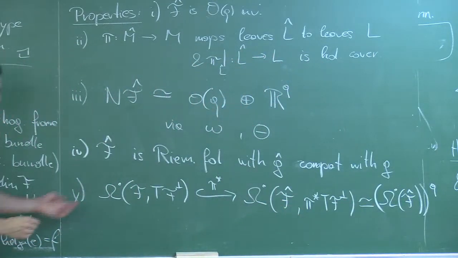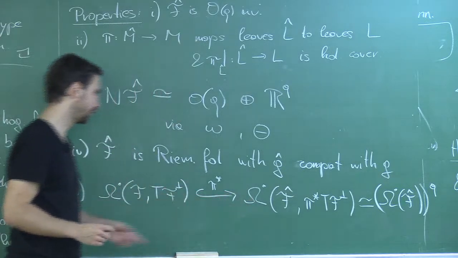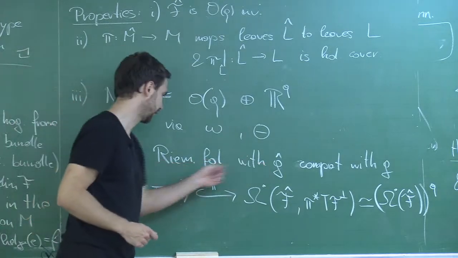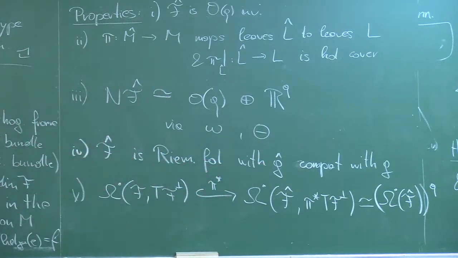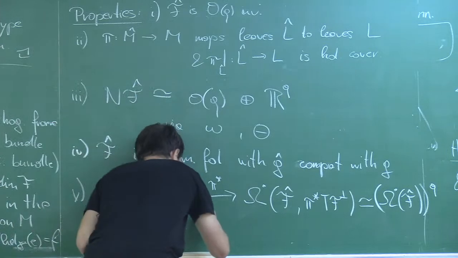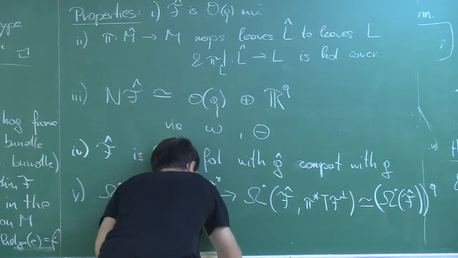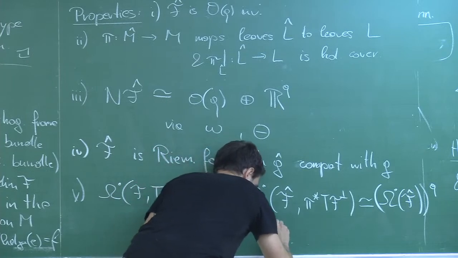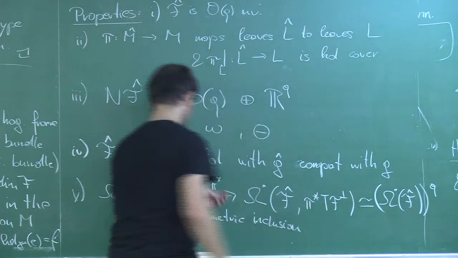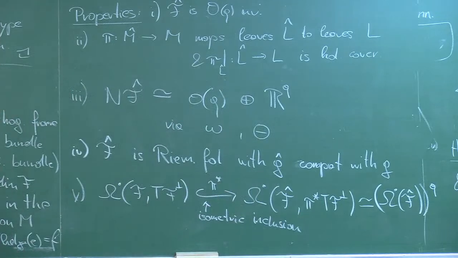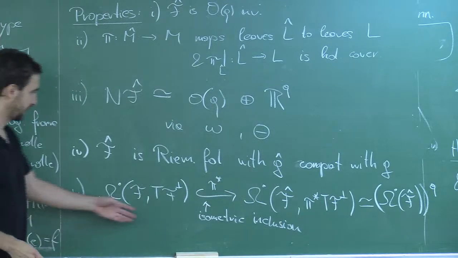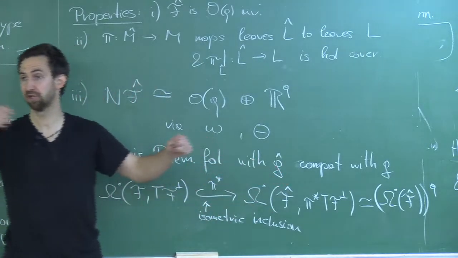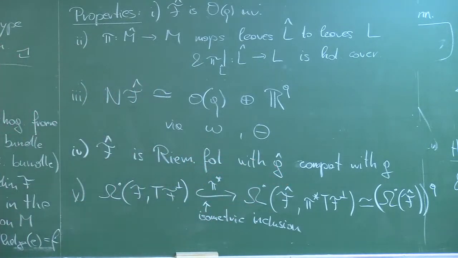And so this map here is not only an inclusion, but in fact one can choose the metric upstairs, G hat, in a way such that this is an isometric inclusion. And in particular, we can make this an isometry if we restrict upstairs to forms which are invariant under the OQ action.